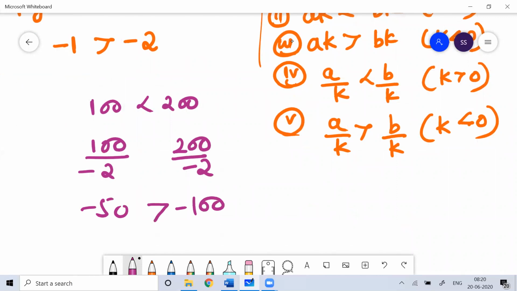And you know that -50 is bigger than -100. That is very simple, and that is what I'm talking about here.